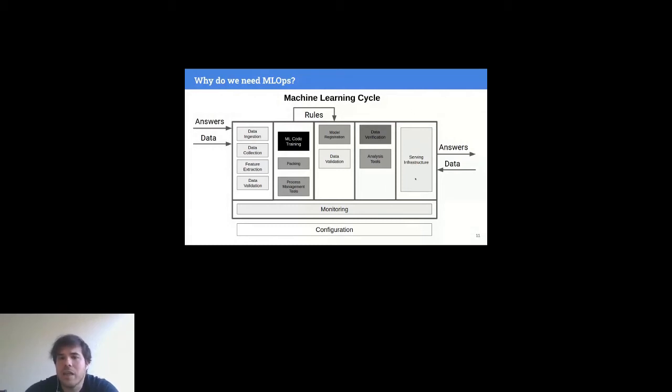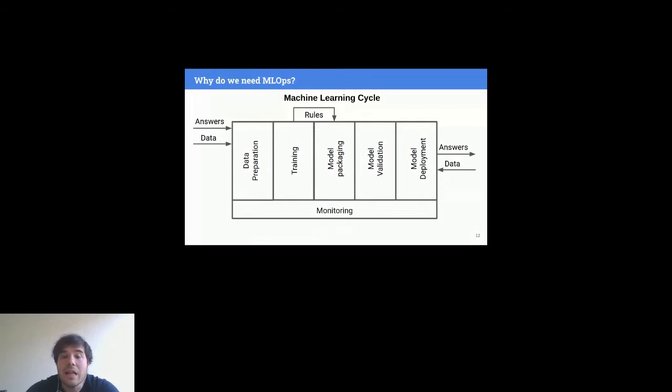Then, as we see, we have many operations that we have to define to create a real machine learning cycle in which we are going to create a model and serve it. And the way to do all of this is to start using machine learning operations, because all of these are part of those operations.